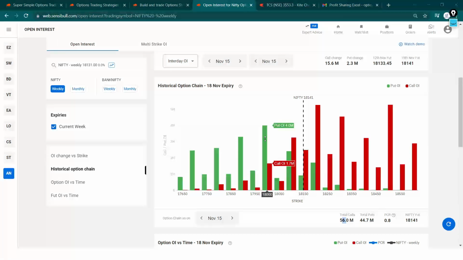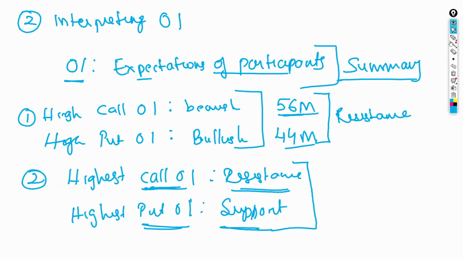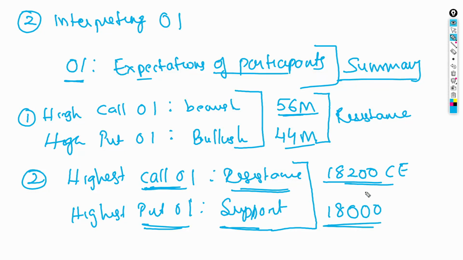These two are likely to act as a very strong resistance and support. So what is our resistance? 18,200, because this has the highest call open interest. And what is our support? 18,000, because this has the highest put open interest.